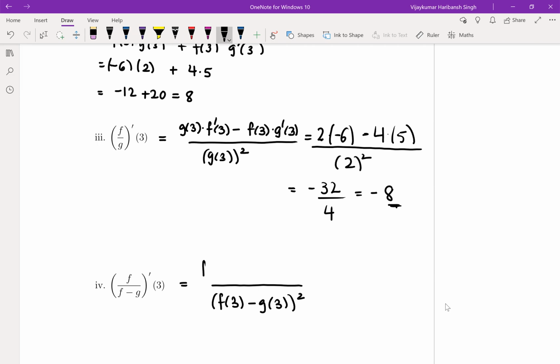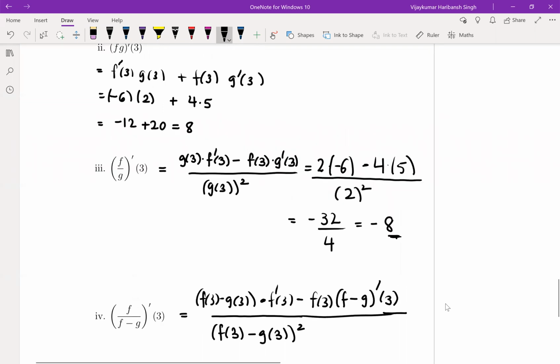Then you have here f of 3 minus g of 3 as it is, multiplied by f prime at 3, minus f of 3 times f prime, or you can write it as f minus g prime at 3.